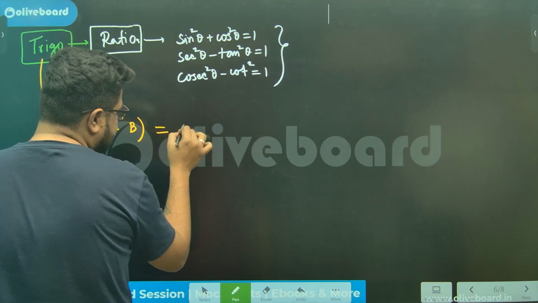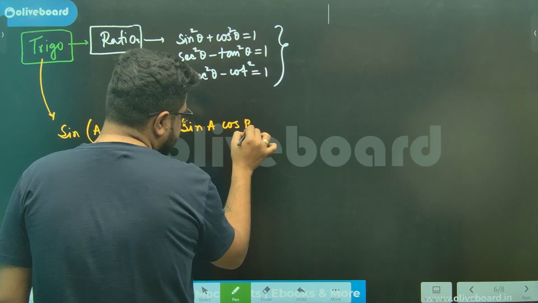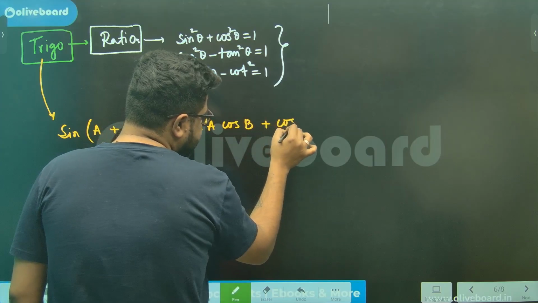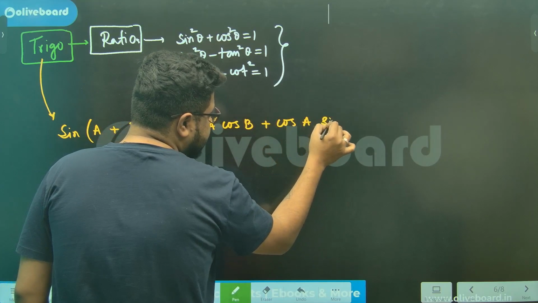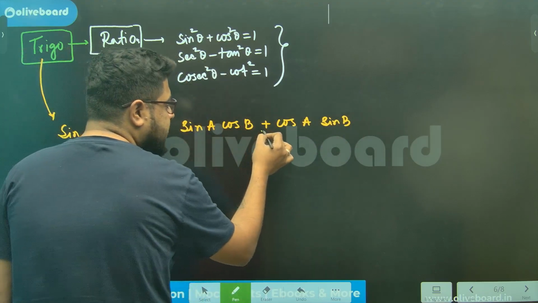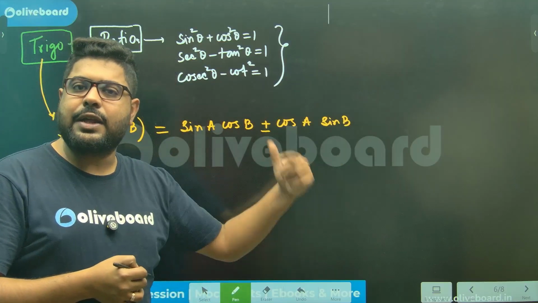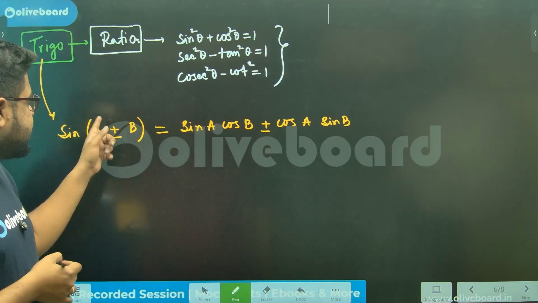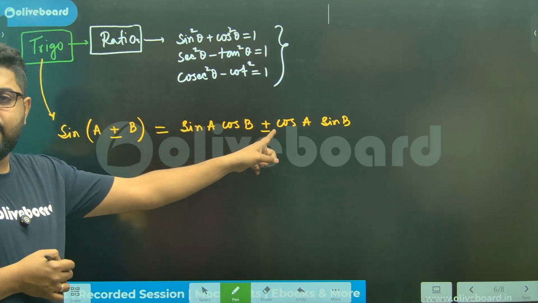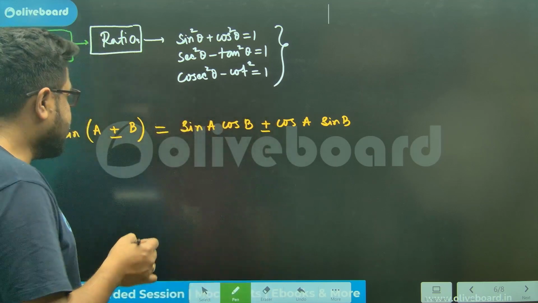We write it as sin A cos B plus cos A sin B. Now again, if there is minus here, just put the minus here. Just by doing this bit, I got another formula. So if it is plus, in between we also get plus. If it is minus, we get minus.